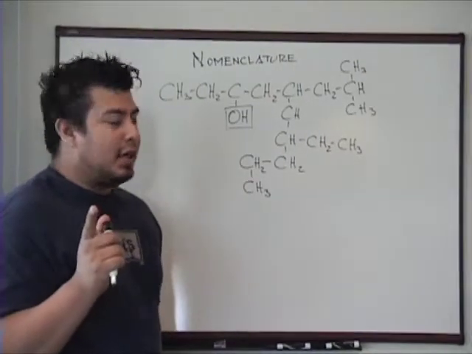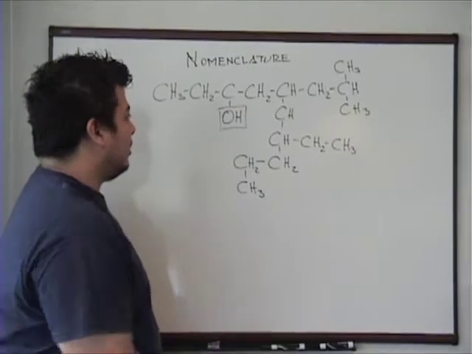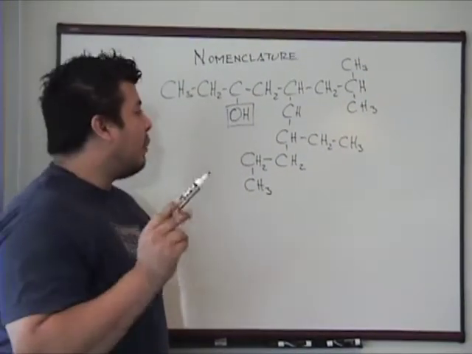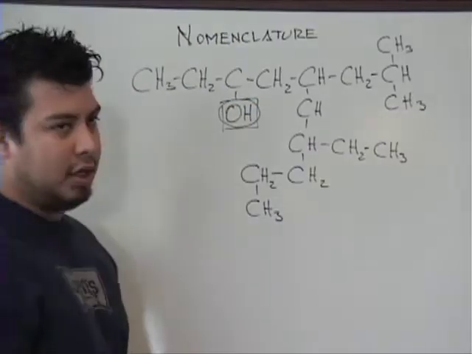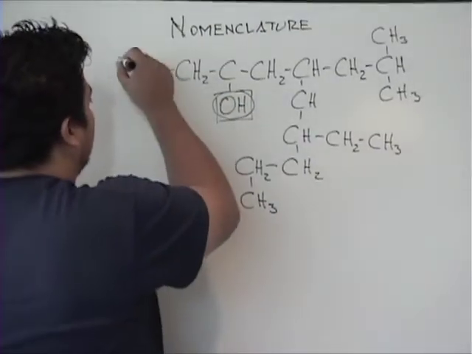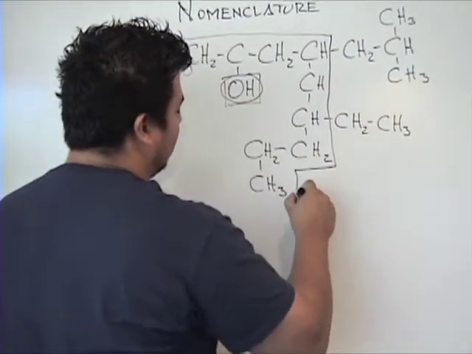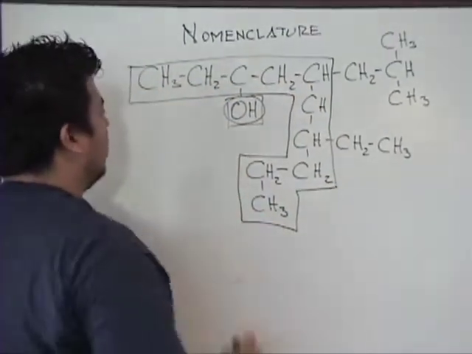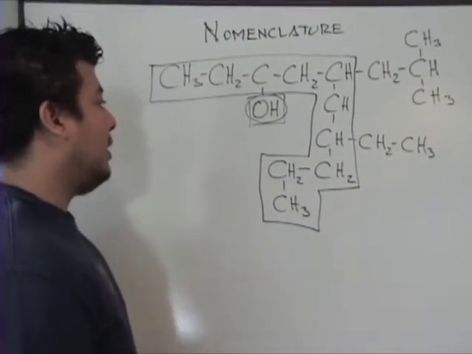Now, the rule is going to change a little bit because in our first rule, instead of just boxing the longest chain of carbon, the rule is going to be box the longest chain of carbon containing the functional group in it. So I am going to box the longest chain of carbon that has the OH in it, and that's the one.